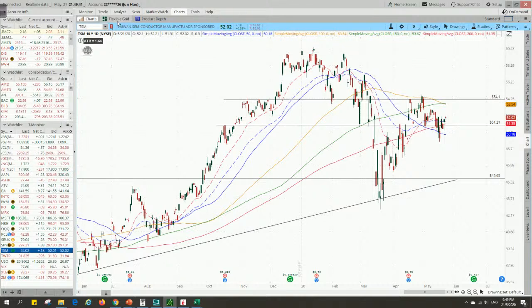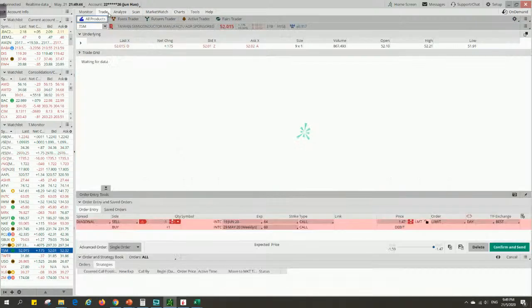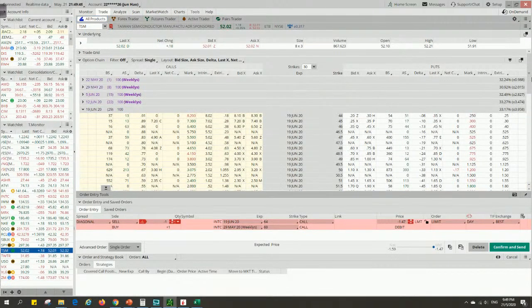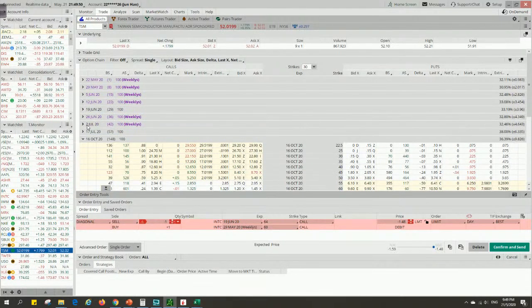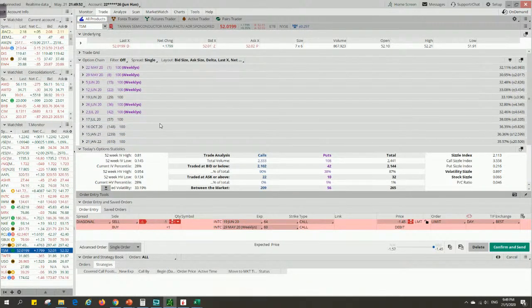And to execute a diagonal spread, what we want to do is go over to the trade tab. We want to buy a long dated call option that is about 3 to 6 months to expiry. You can see that there isn't a 3 month to expiry option over here.